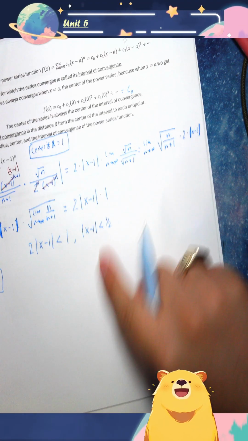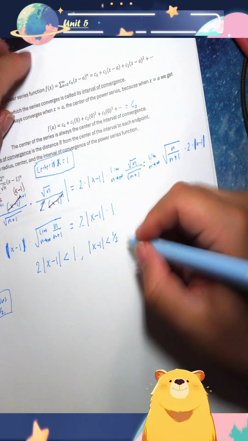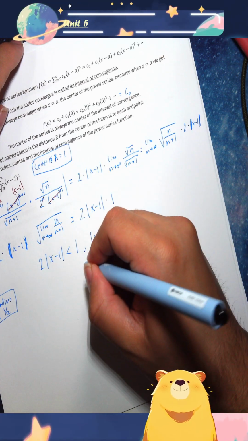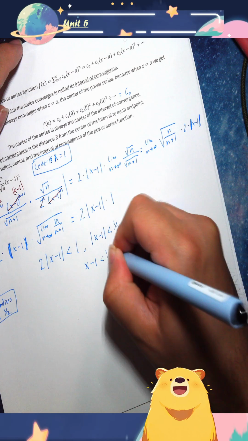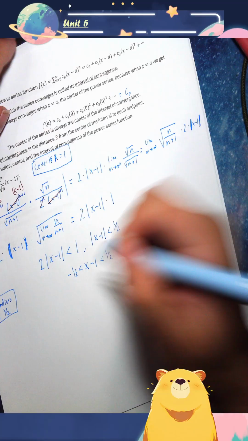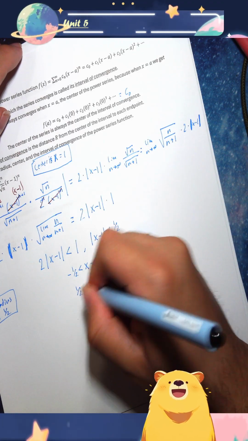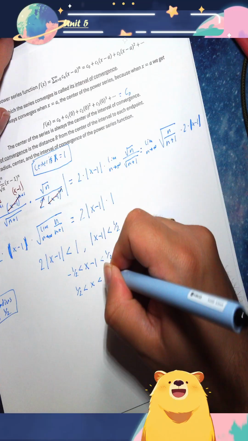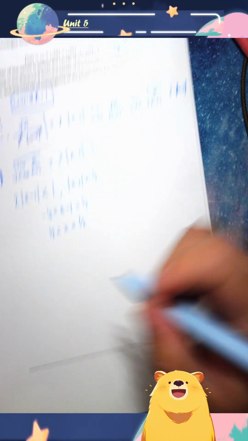So let's go ahead and do this. We have x minus 1 is less than 1/2, and then is greater than negative 1/2. Add the 1, we get 1/2 on the left, and we get 3/2 on the right.